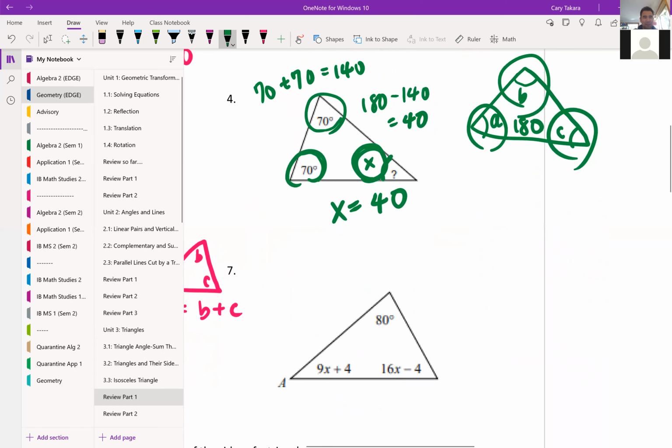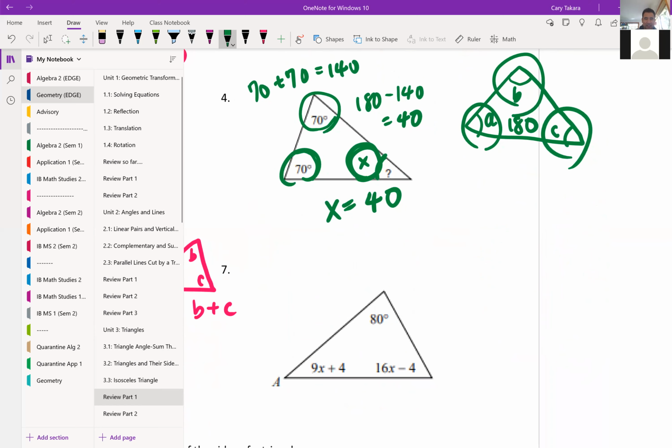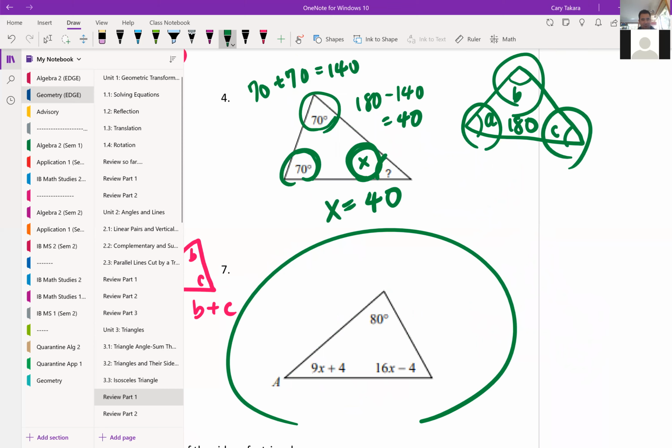Okay, how about number 7? This problem, I'm just going to let you guys work on it first. And please indicate the answer in the chat once you're done. What would X be? Let me give you 1 minute. Is that enough? Yeah.